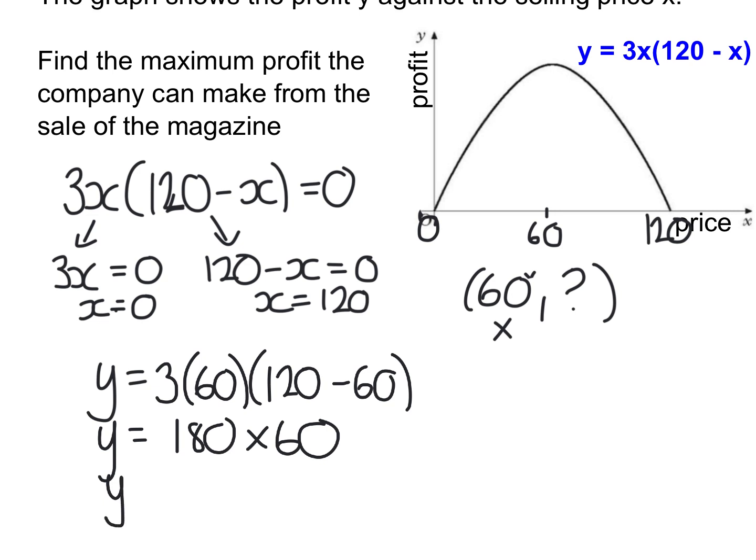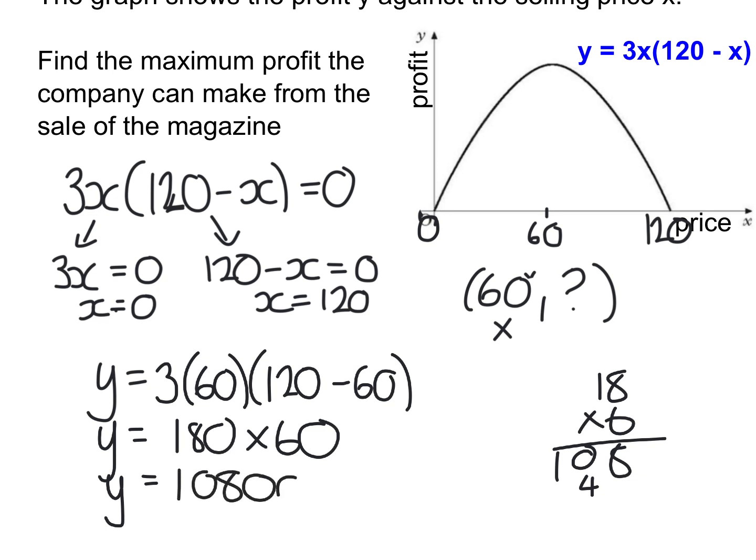So I need to do basically 18 times 6. I like to go to 6, I don't want to make a mistake doing it mentally. 6 times 8 is 48. 6 times 1 is 6, plus 4 is 108. So 10800.